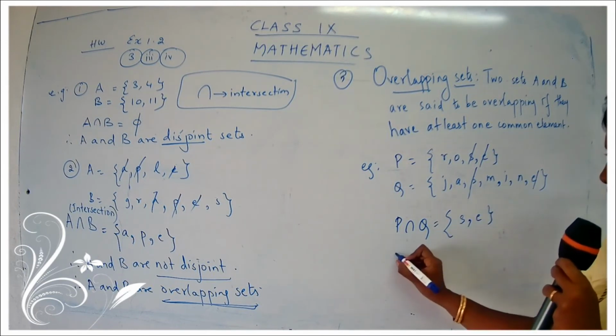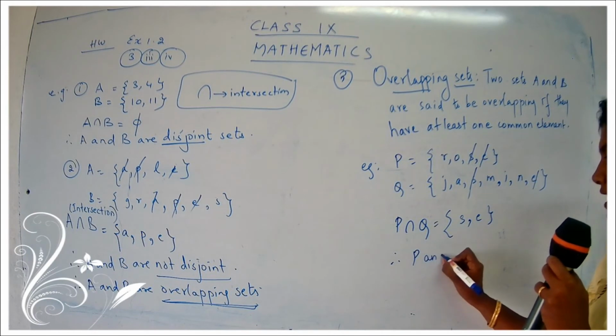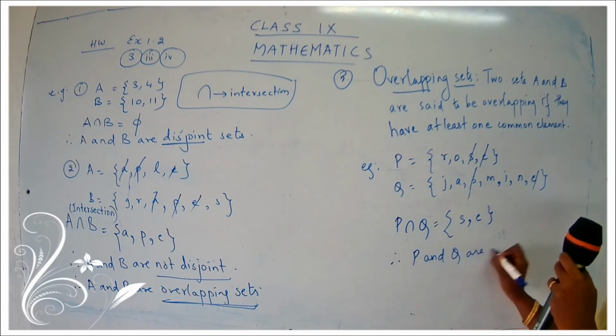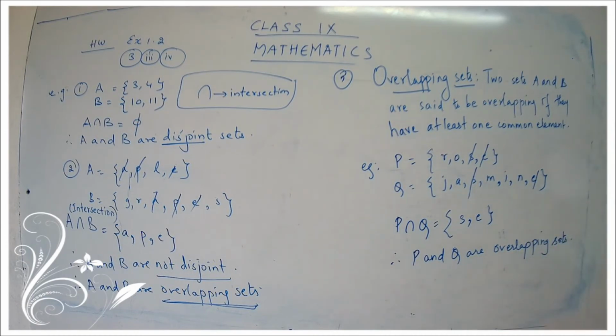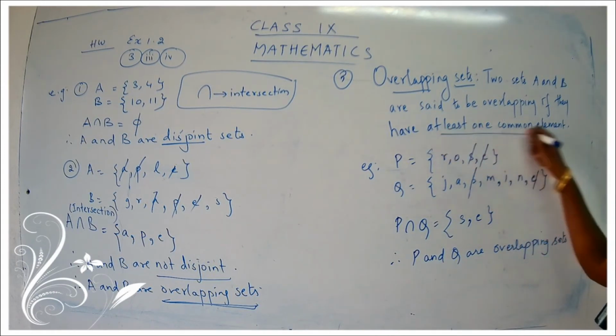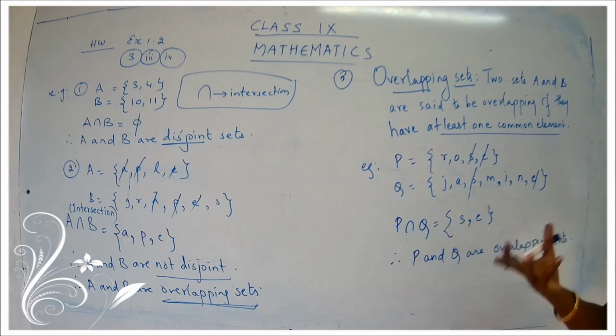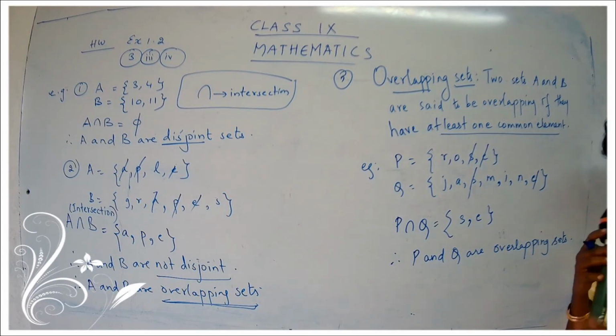You say therefore P and Q are overlapping sets, because we have at least one common element. At least means you can have one or more than one. You can have 1, 2, 3, 4, 5 and so on.